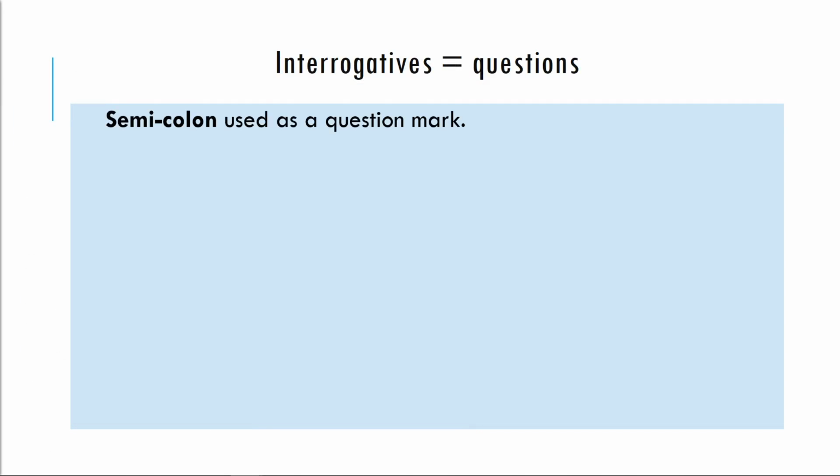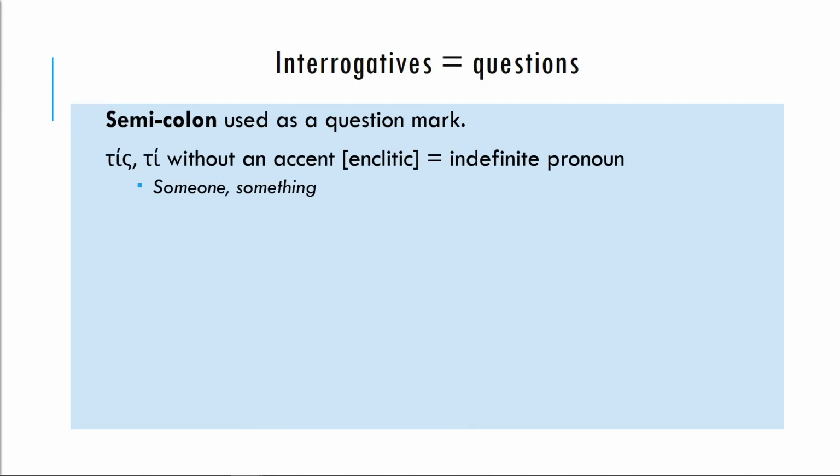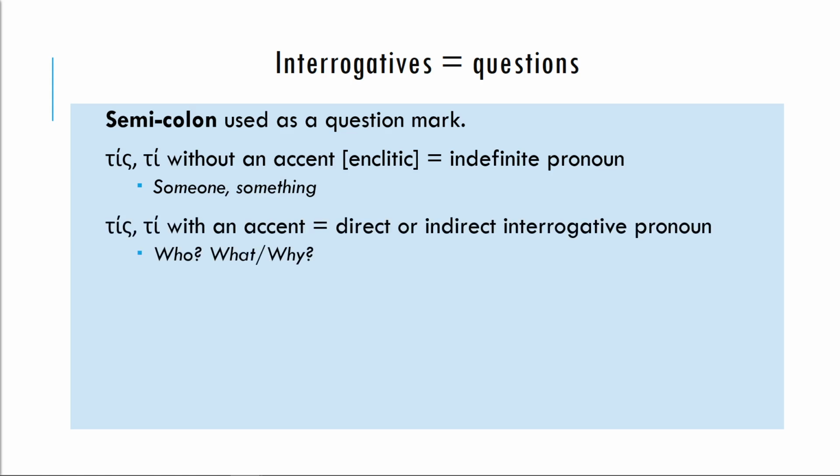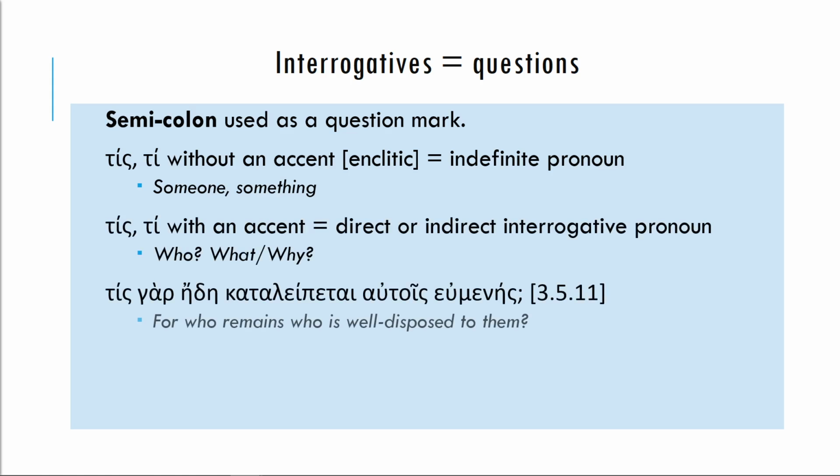Remember, I want to talk about questions really briefly. Remember that the sign of a question is a semicolon. It's used for a question mark. And so these words, tis, for example, without an accent, is an indefinite pronoun, but with an accent, it is the interrogative, who, what. Now that can introduce a relative clause, but it can also introduce a sentence. So something like this: who remains well disposed to them?